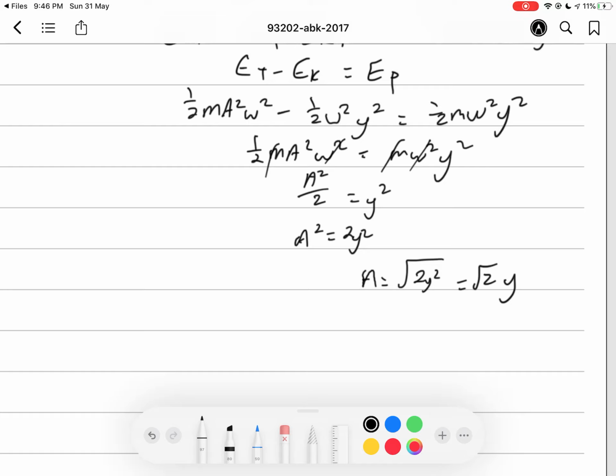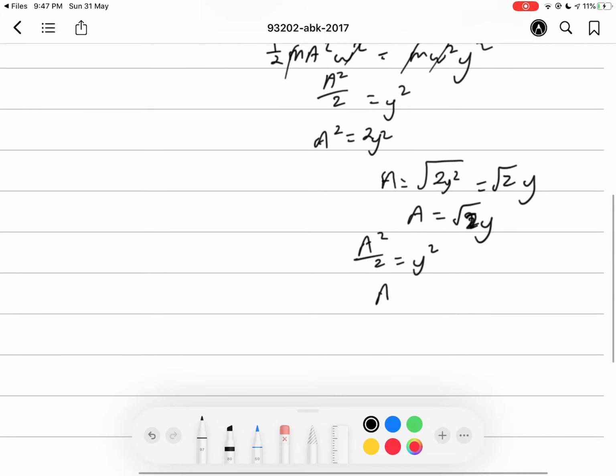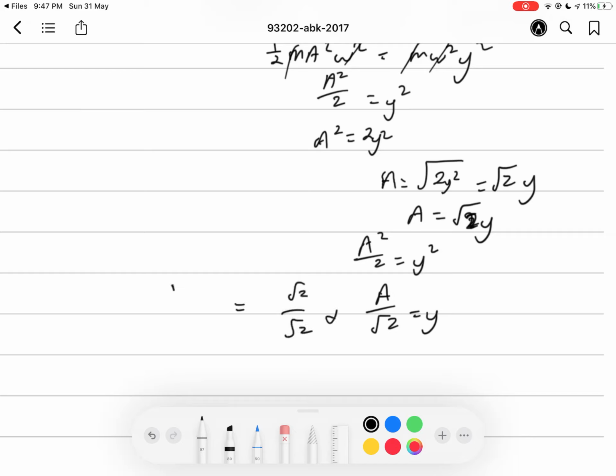Right, so amplitude equals root 2 y. But if we want it in terms of amplitude, we can also have a squared over 2 equals y squared, and therefore a over root 2 equals y. If we multiply both by root 2 over root 2, that equals a root 2 over 2, which equals 1/2 a root 2.